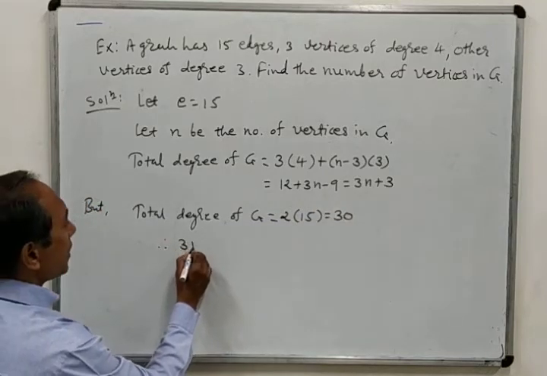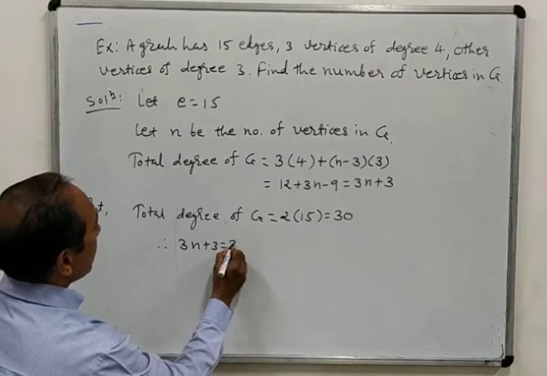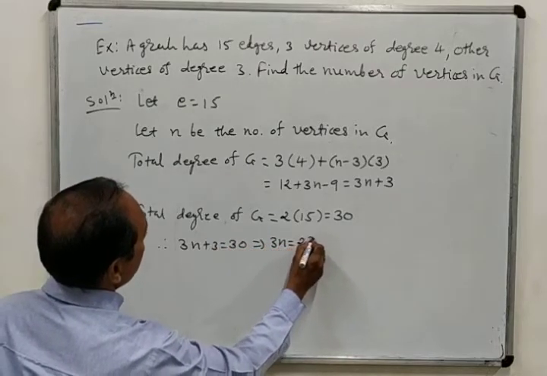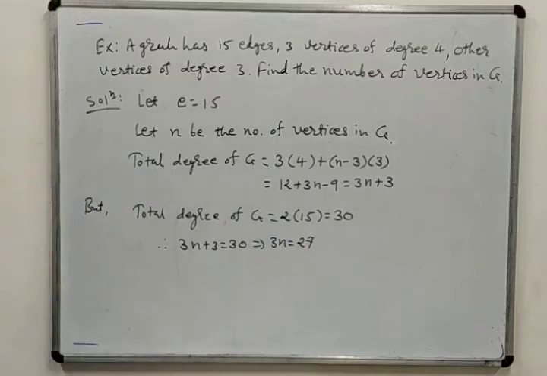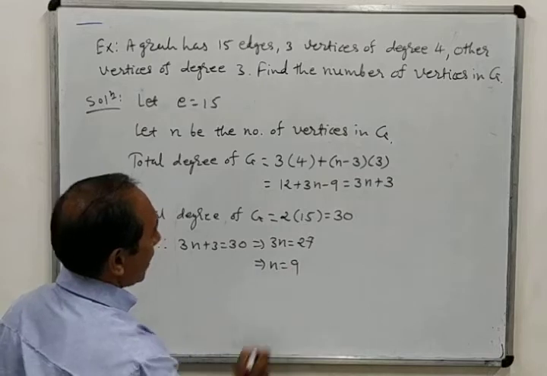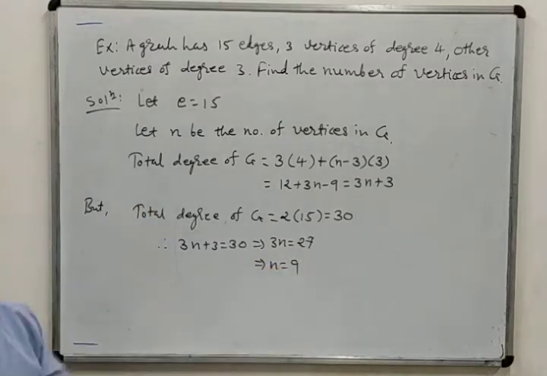Therefore we have 3n plus 3 equal to 30. This implies that 3n equal to 30 minus 3, that means 27, and so n equal to 9. If we divide this by 3, then we will get 9. So now we say that there are 9 vertices in the graph G.